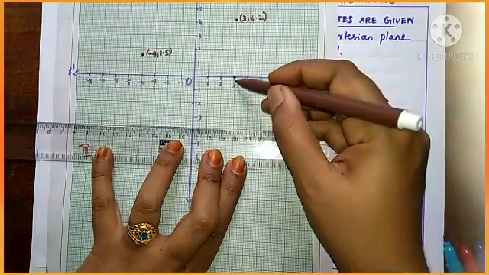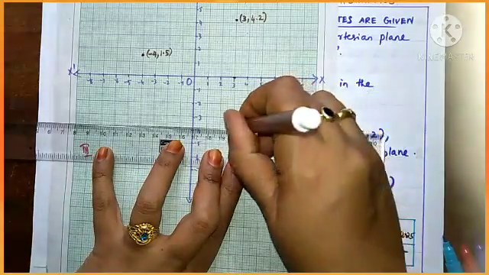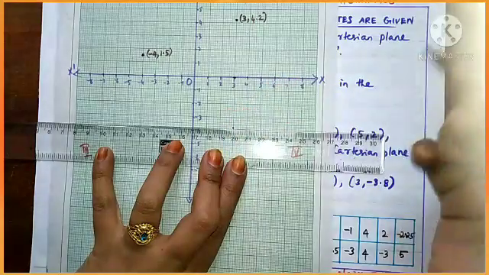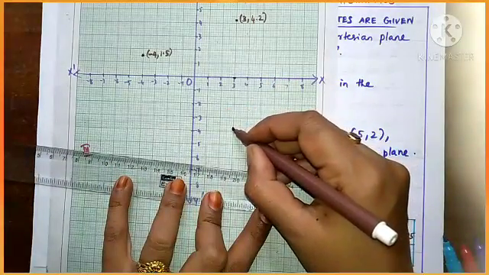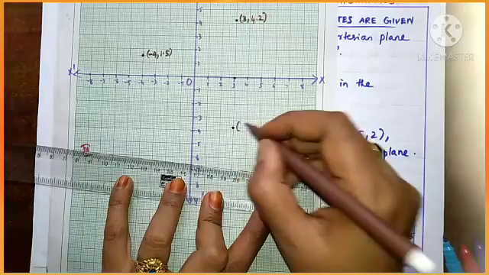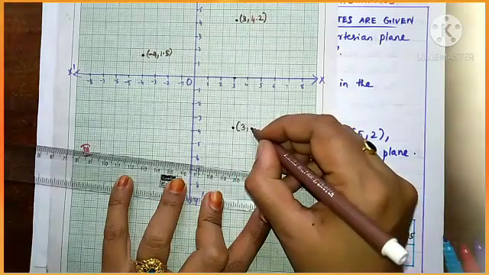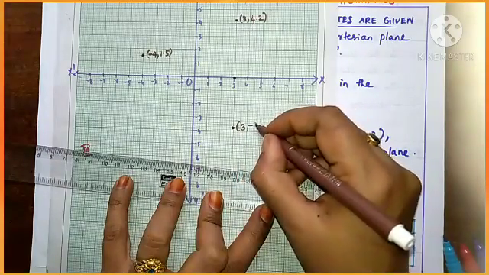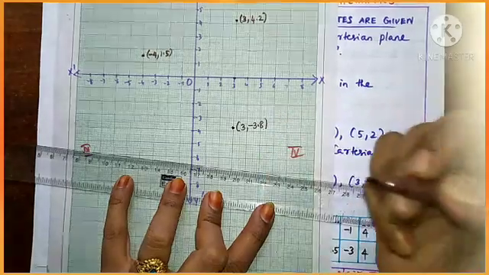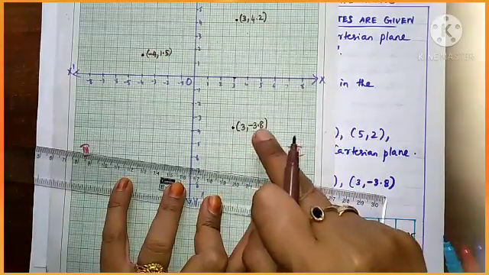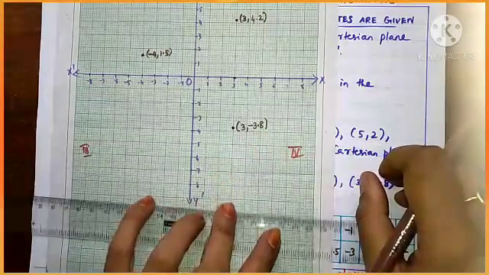Okay, so towards 3 you want to mark that minus 3.8. Now put a dot there and plot the point 3 comma minus 3.8. Understand? So this way you want to plot the decimal numbers.